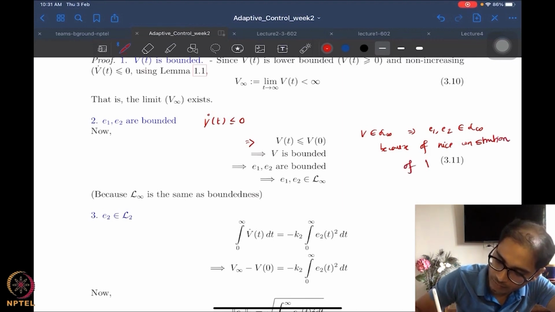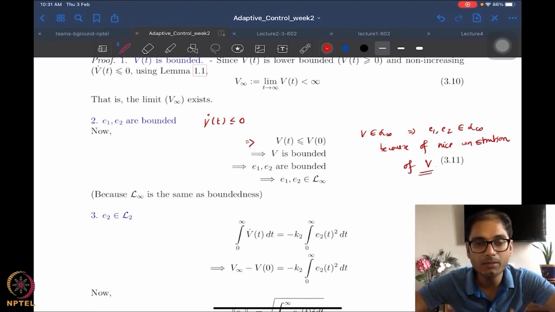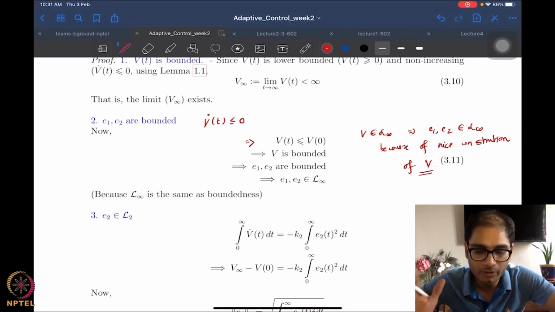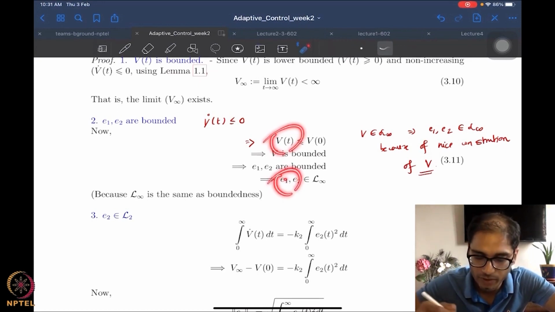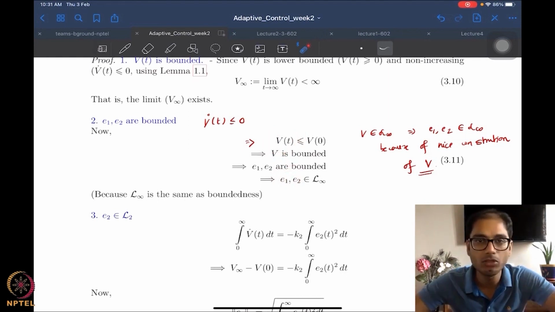If I make arbitrary and what I would call ridiculous choices for V, this will not be true. So always be very careful whenever you claim that if V is bounded, then E1 and E2 are going to be bounded. It's not a guarantee, and I gave you a counter example.